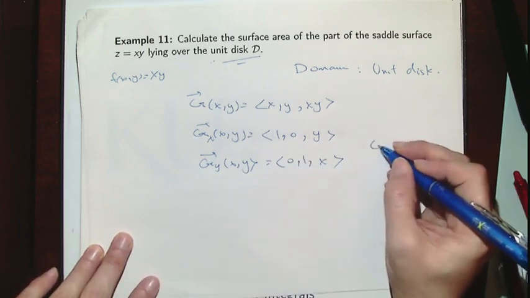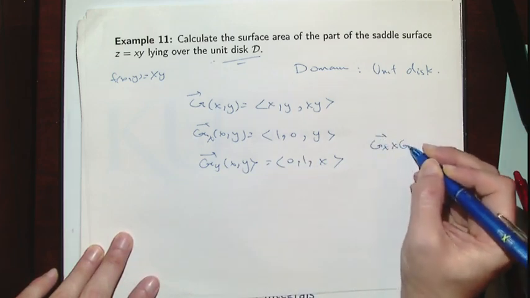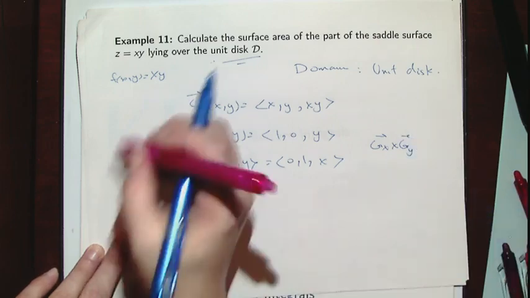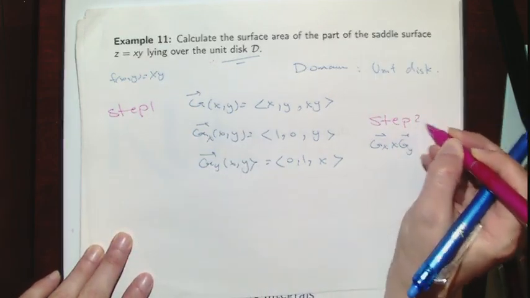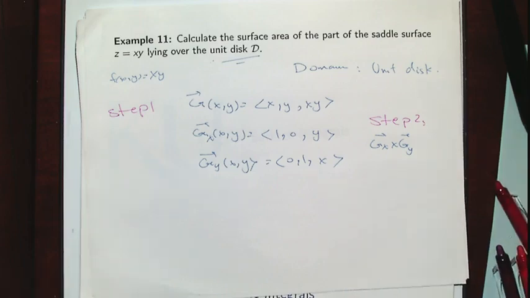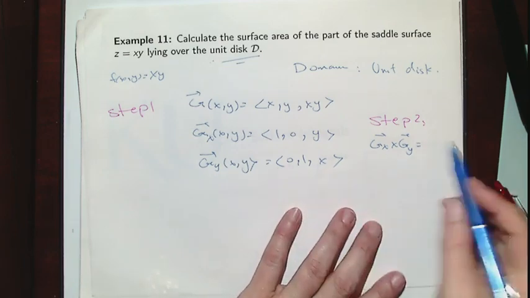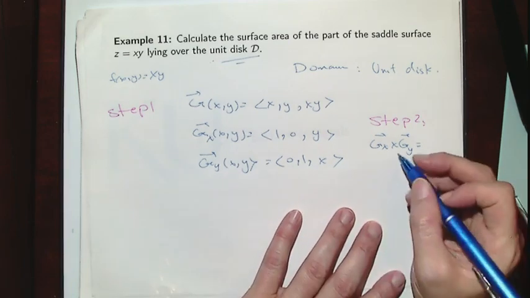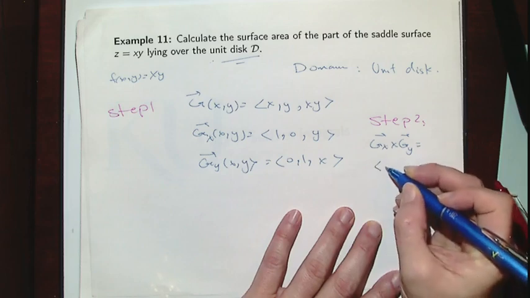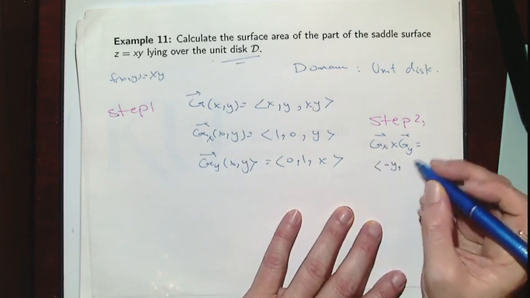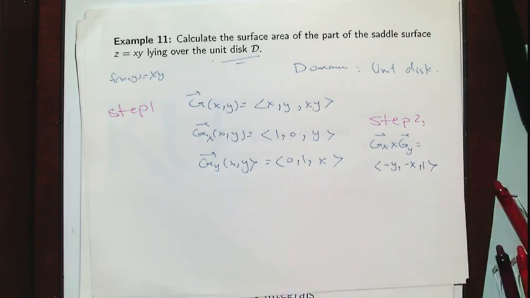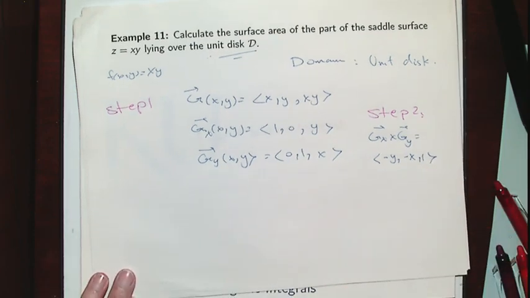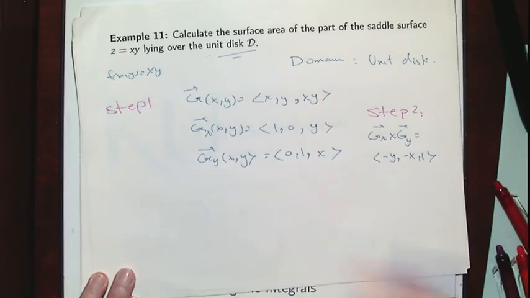And then I do the cross. So this was step 1. Step 2, cross them. And when I cross them, I know what I get over there. I get negative y, negative x, and 1. Agreed? And then I do step 3.